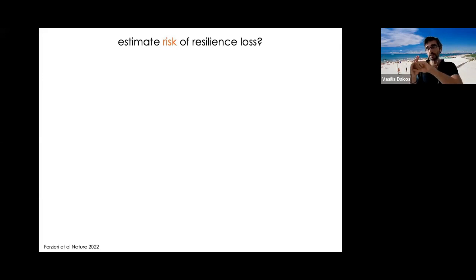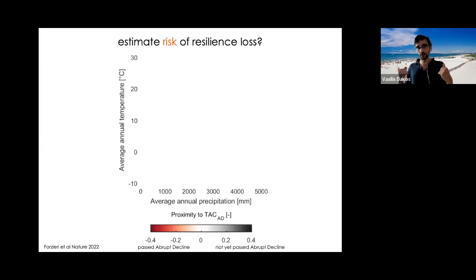So we were able to build a model that would predict, based on these variables, the estimated temporal autocorrelation where we actually found an abrupt decline. Using this model, we try to predict the autocorrelation of the places where we have not yet seen an abrupt decline in the rest of the globe. It's a bit complicated, I will repeat.